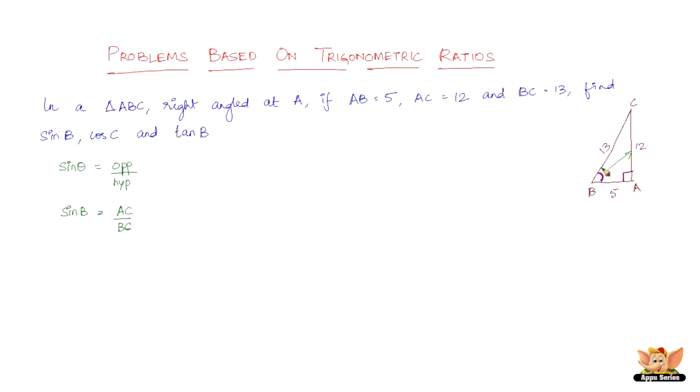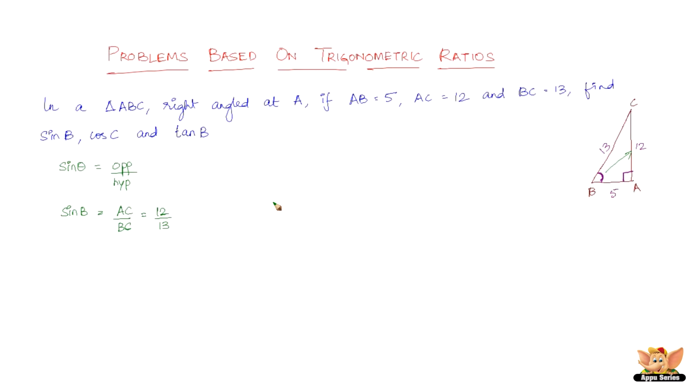Since it is B, the opposite is AC and the adjacent is AB. So sine B is AC by BC, which is 12 by 13. Sine B equals 12 by 13.